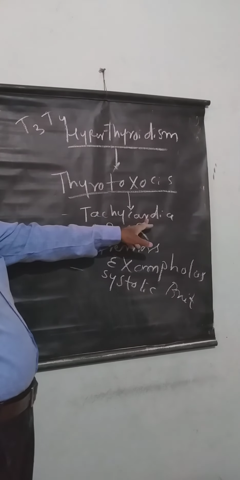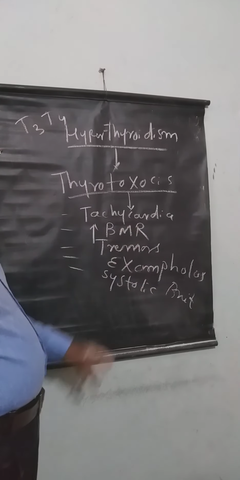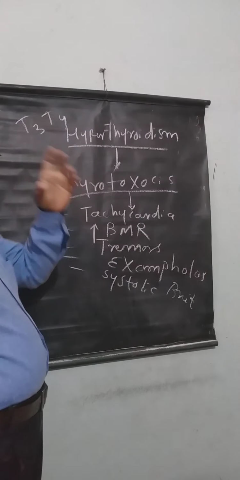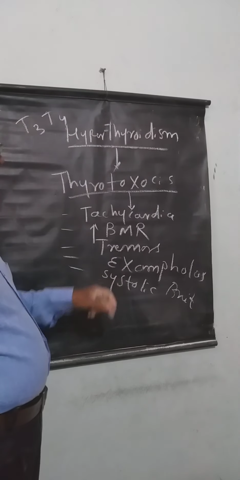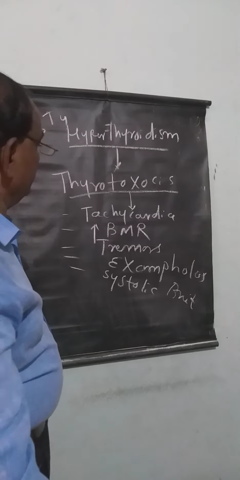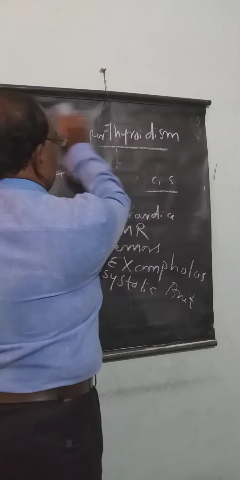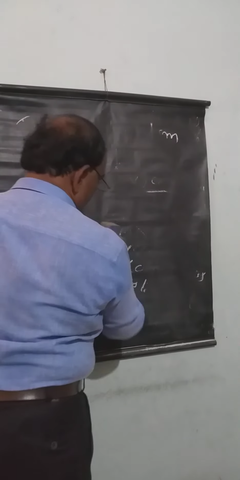Tachycardia means excess heart rate. Increased BMR and tremors are there. Exophthalmos means protrusion of the eyeball. Then systolic bruit is there. It is regarding hyperthyroidism.